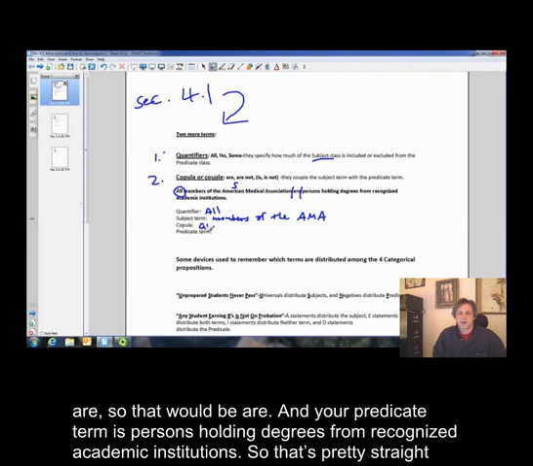So that would be are. And your predicate term is persons holding degrees from recognized academic institutions. Persons holding degrees from recognized academic institutions. So that's pretty straightforward stuff.